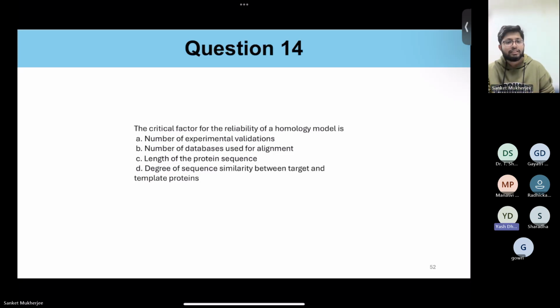D. Number of databases. Is that your answer? Number of databases used for alignment? Okay, nobody's answering. Degree of sequence similarity between target and template protein. You're right.